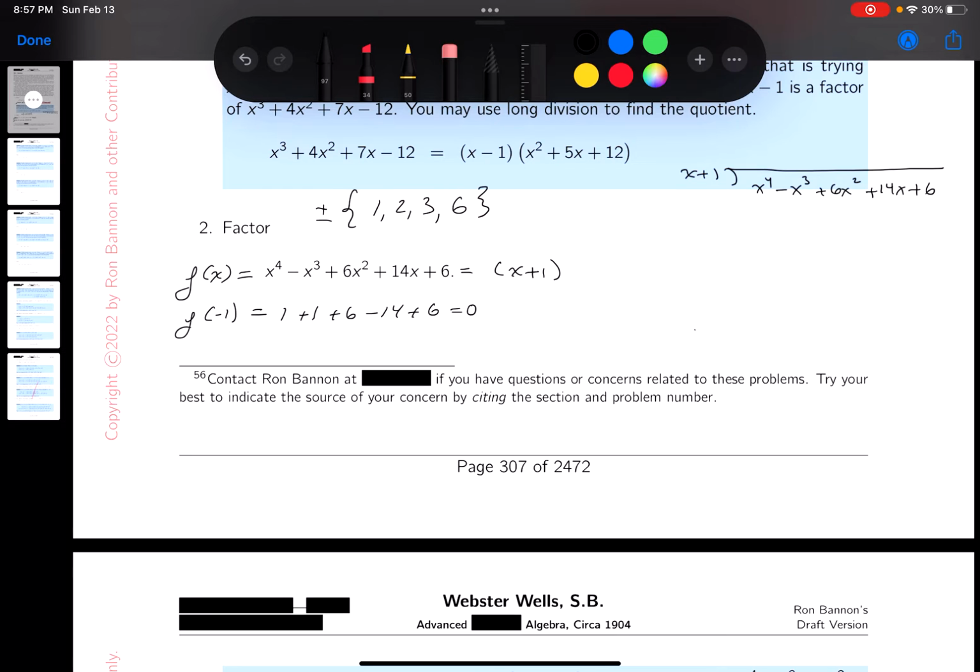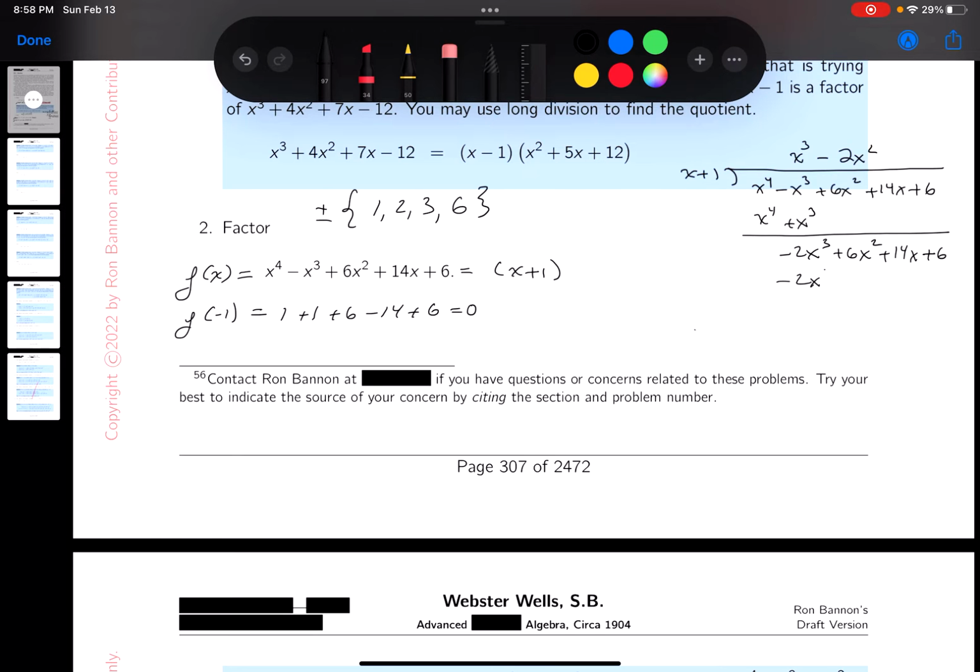Well, it looks like x cubed. x to the fourth plus x cubed. This gives me minus 2x cubed. I'm going to drop all the places down. Match it. That's going to be minus 2x squared. What do you get there?